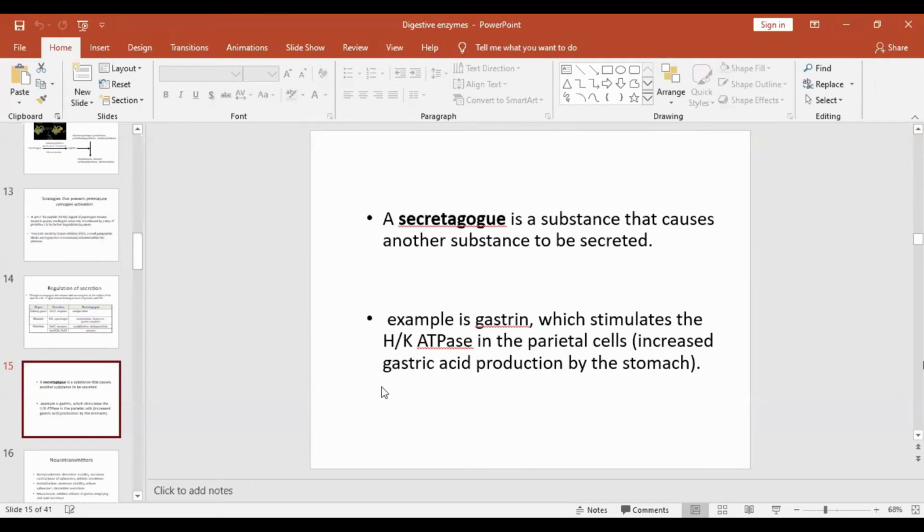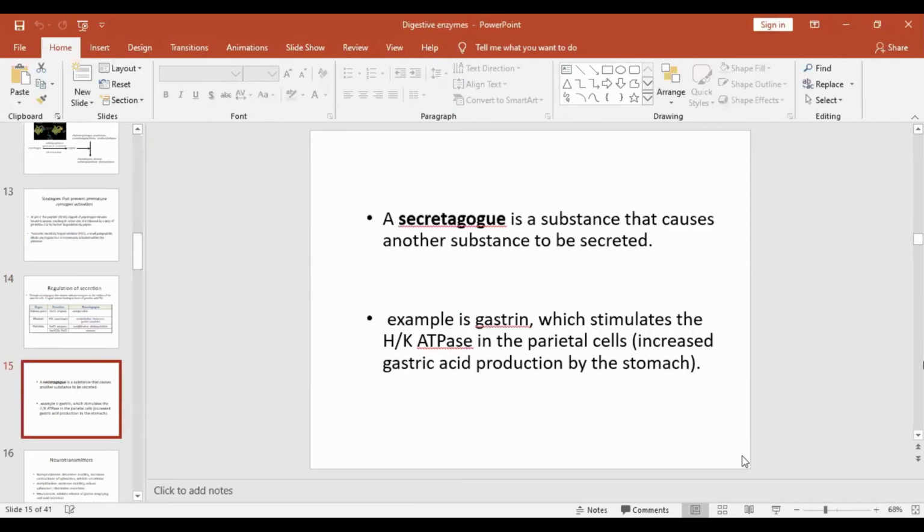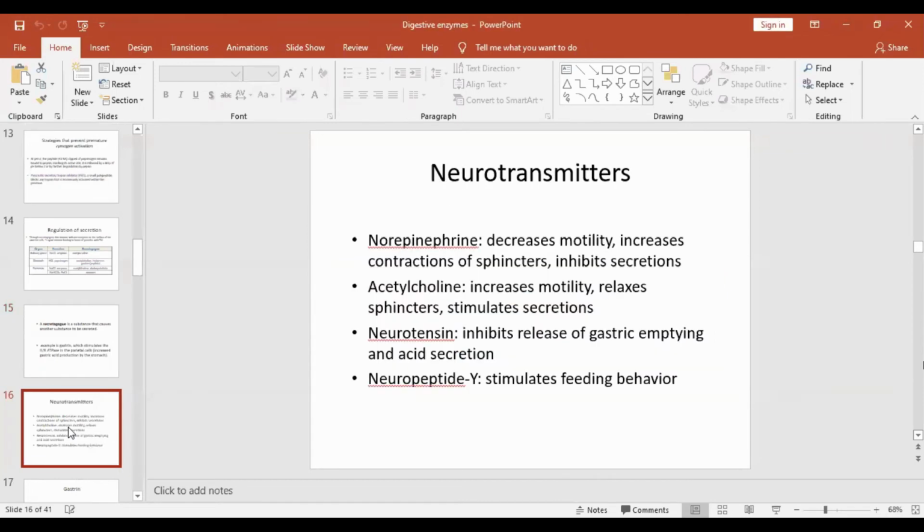Different compounds act as secretagogues, such as the neurotransmitters acetylcholine and histamine, and the hormones secretin and cholecystokinin. Some of these secretagogues are neurotransmitters and hormones of the GI tract, and they help in the secretion of other enzymes required for digestion.